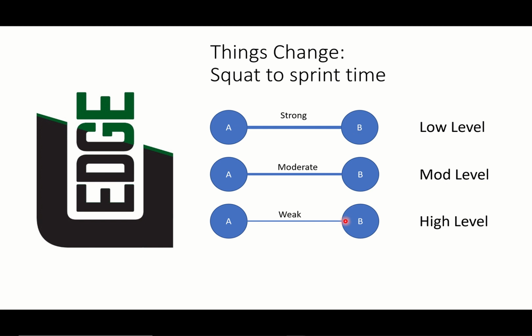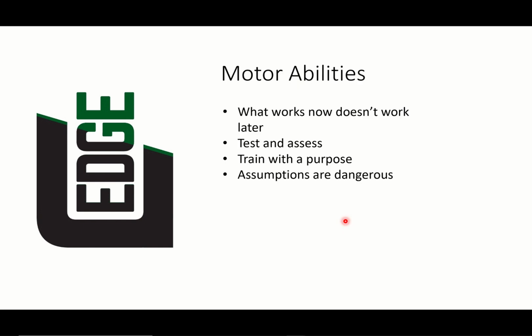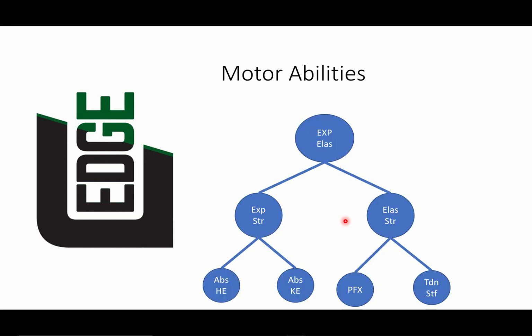And that's true for many other relationships as well. What happens early on and improves early on doesn't always improve what happens later on. So motor ability, what works now, might not work later. Not always, but sometimes. Things change, so we want to test and assess, train with a purpose, and assumptions are dangerous.